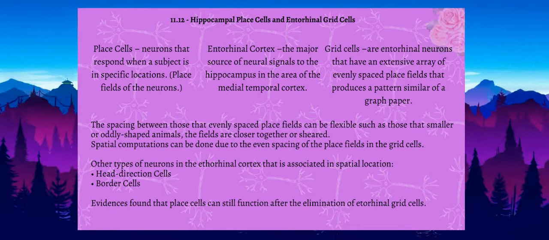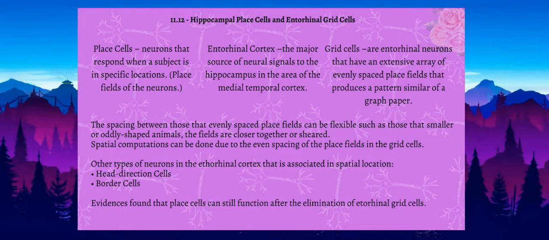Evidence suggested that the responses of hippocampal place cells depend on the input from entorhinal grid cells. First, there is a pathway from the entorhinal cortex to the hippocampus. Second, entorhinal grid cells respond reflexively to location, while hippocampal place cells respond to place in combination with other features of the test environment.